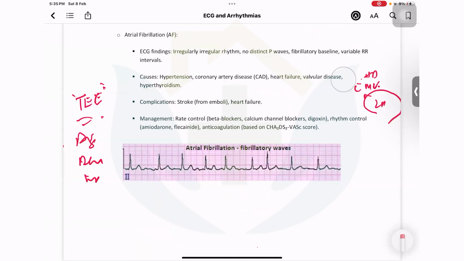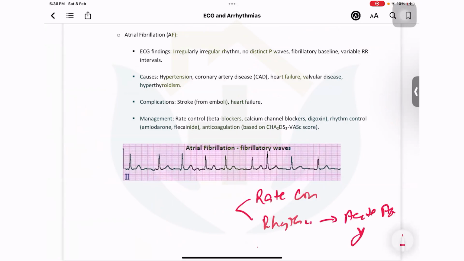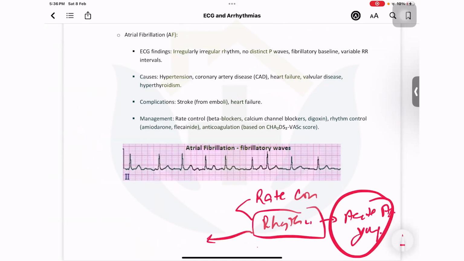What is the management? See, as the data goes, there is not much difference between rate control and rhythm control. However, if it is an acute atrial fibrillation in a young patient, you should always aim at bringing the patient's heart rate back to normal sinus rhythm.